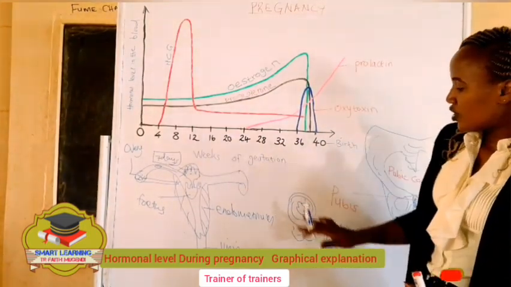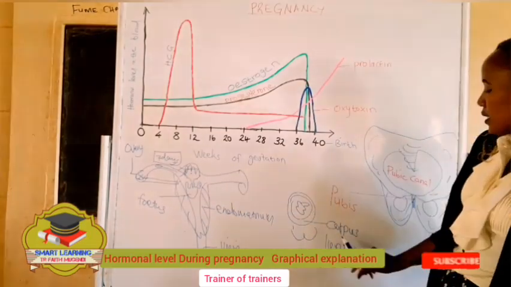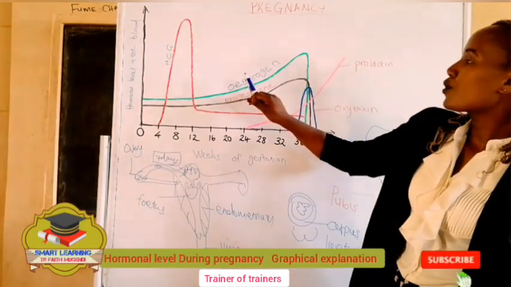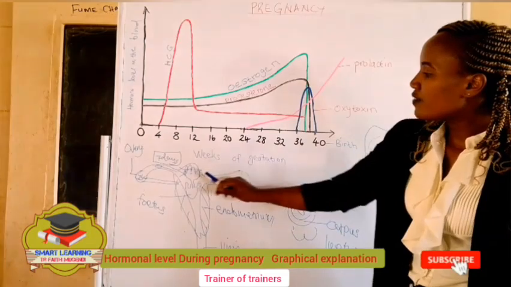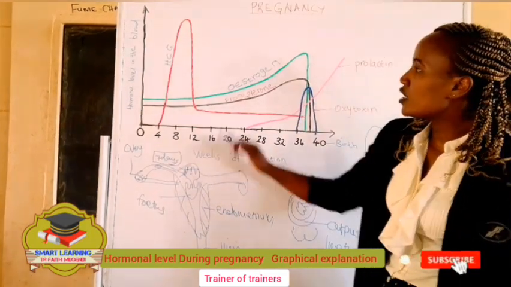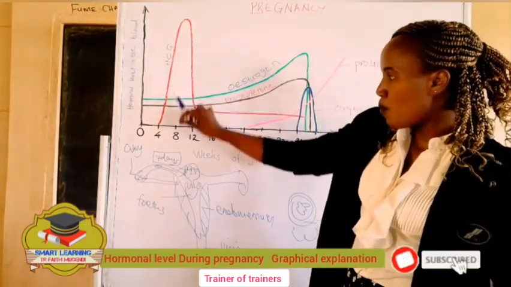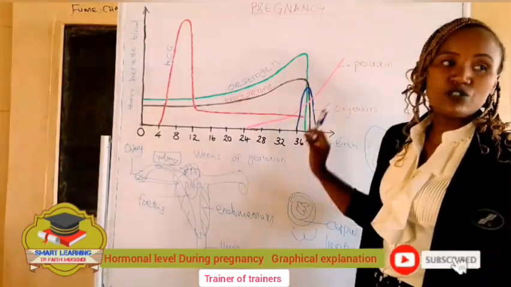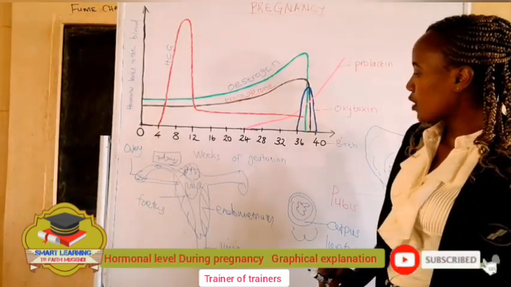During these early stages, before the placenta is well developed, the corpus luteum takes the responsibility of producing estrogen and progesterone until 7 days are reached, when the placenta now has the ability to produce human chorionic gonadotrophic hormone, and that is why you can see it is around the 4th week of gestation. So I want to believe we are together up to that point.